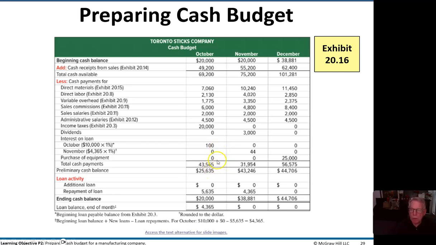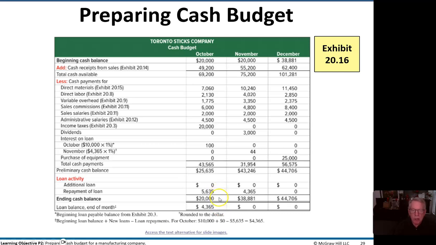We have no purchase of equipment, and so our cash payments total $43,565. Our preliminary cash balance here is $25,635. We don't need an additional loan because we repaid $5,635, which leaves us an ending cash balance of $20,000, which is our goal. Our loan balance goes down from $10,000 to $4,365.